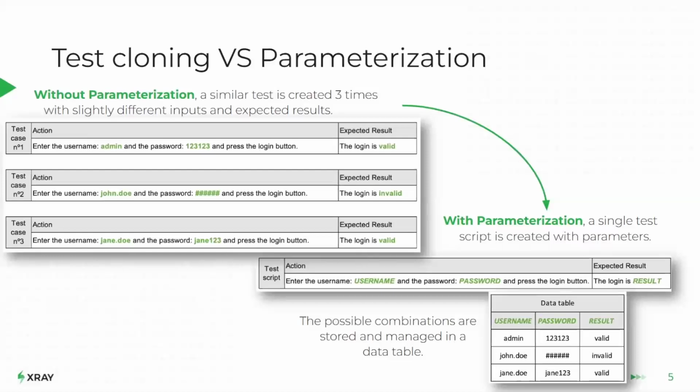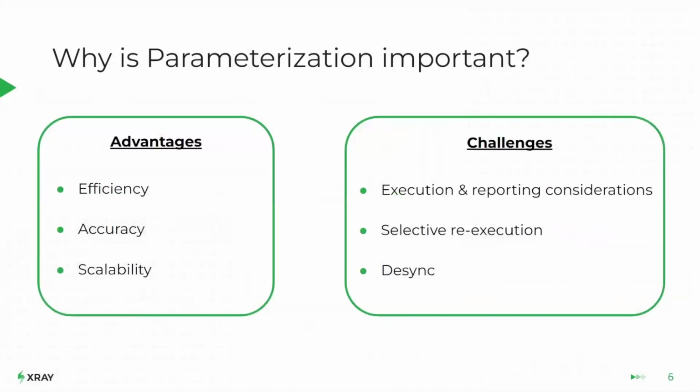The fact that parameterization approach allows you to separate scripts from underlying data unlocks more efficiency, accuracy, and scalability. You don't need to replicate the script changes from test to test. You can more easily add or remove scenarios at the dataset level, and all that lowers the chances of outdated or erroneous tests being executed.